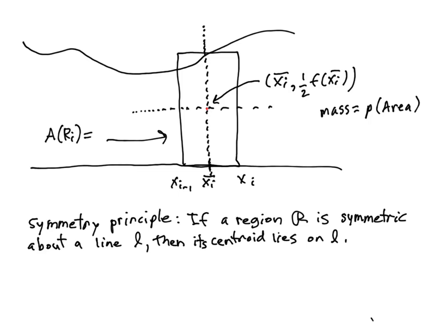The base is delta x, so we have f of xi bar times delta x. So the mass would be rho times f of xi bar times delta x. So here's what's going to happen. We've got these n rectangles, and each of them, essentially, we can pretend sits at that dot and has this mass.